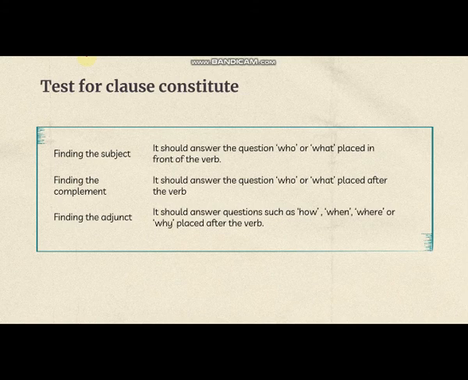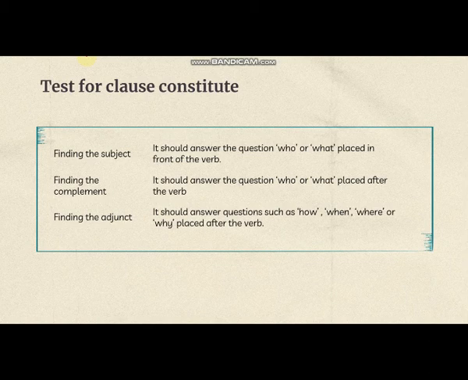Next, we are going to move to tests for clause constituents. Here we can test for the subject, complement, and adjunct elements of clause structure by asking various questions around the verb, assuming, of course, that we can find the verb. Here is the list of useful tests for sorting out the clause structure. The first one is finding the subject.